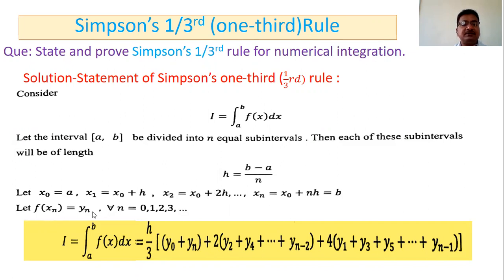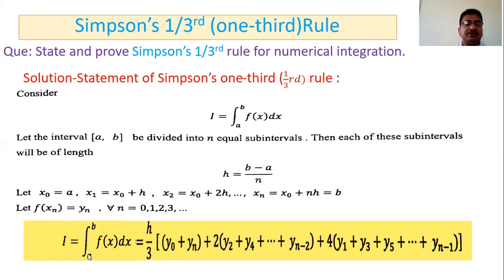And f(xn) is yn for n running from 0, 1, 2, 3. That means the value of the function f(x) at x0 is y0, f(x1) is y1, meaning corresponding to x1 the value of f(x) is y1. In this way, the value at xn is yn.